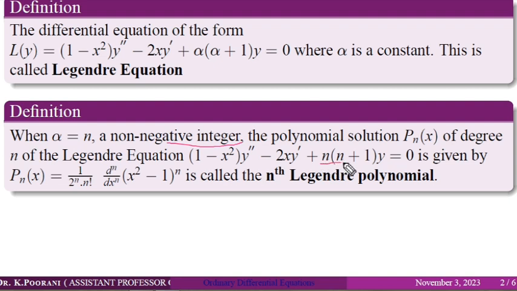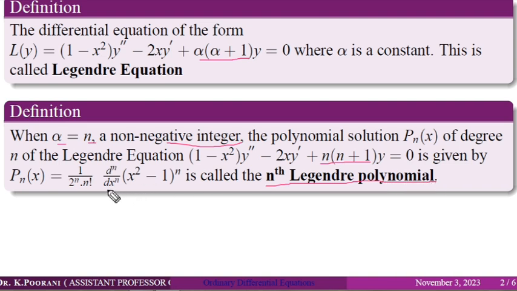Why do we write n into (n plus 1) here? Because we take alpha equal to n, so instead of alpha into (alpha plus 1) we write n into (n plus 1). It is given by Pn of x equal to 1 by 2 power n into n factorial, d power n by dx power n of (x square minus 1) whole power n. That is called the nth Legendre polynomial.